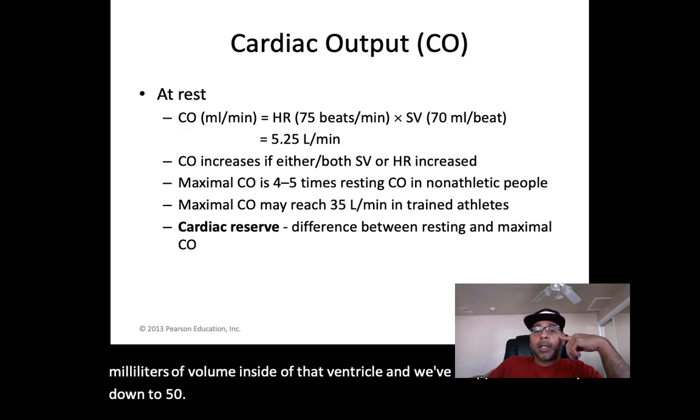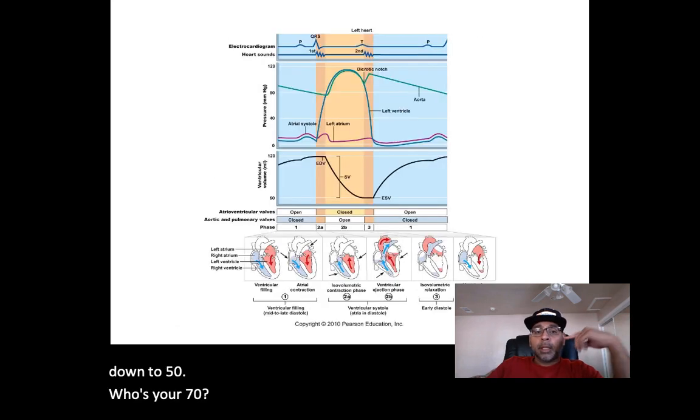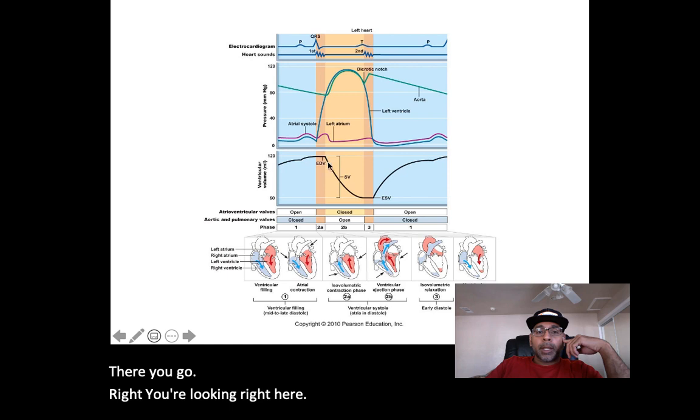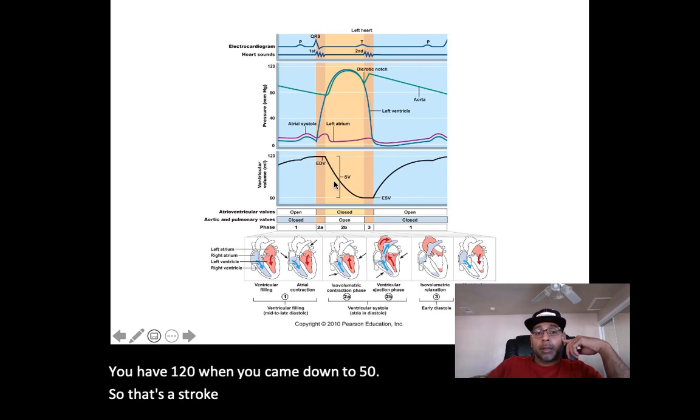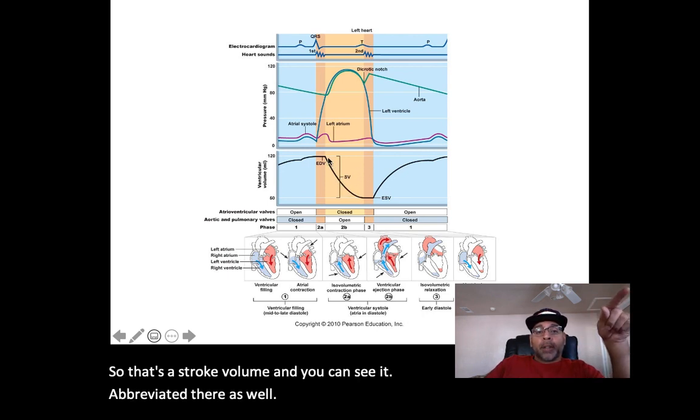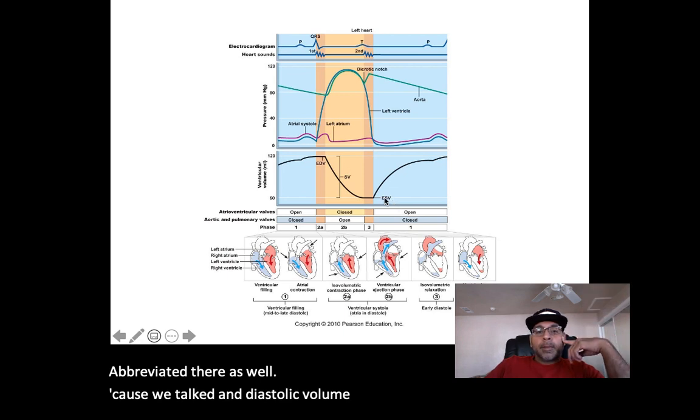There's your 70. If you don't believe me, there you go. You're at 120 and then you came down to 50. So that's the stroke volume, and you can see it's abbreviated there as well, because we talked about end diastolic volume and end systolic volume.